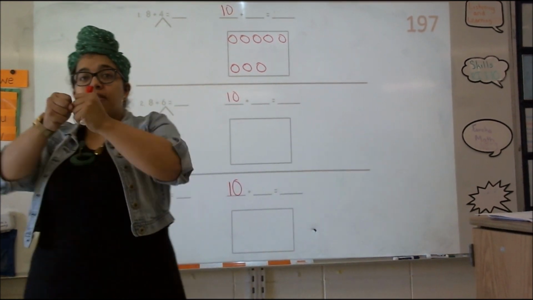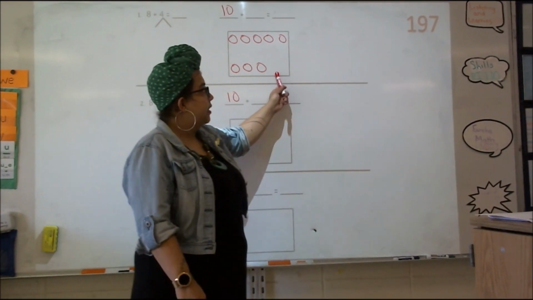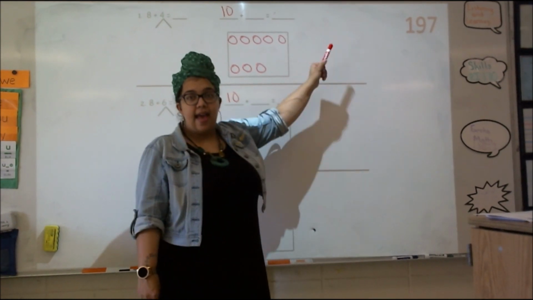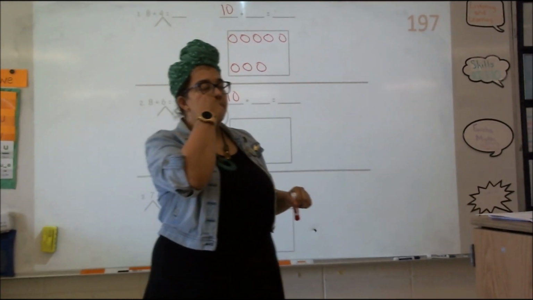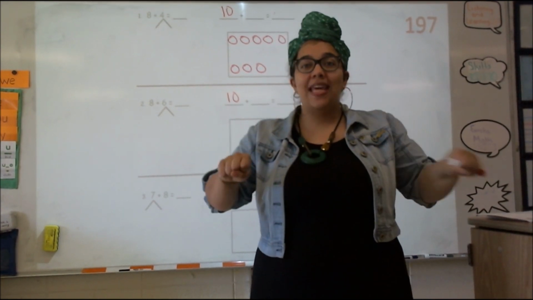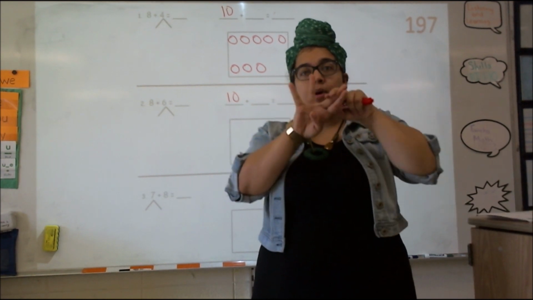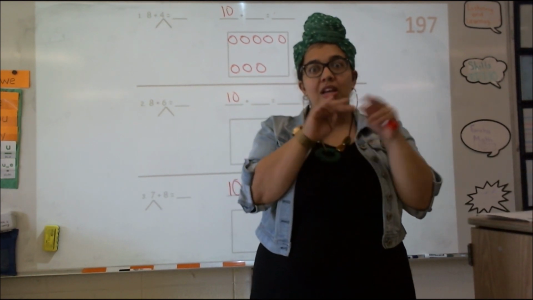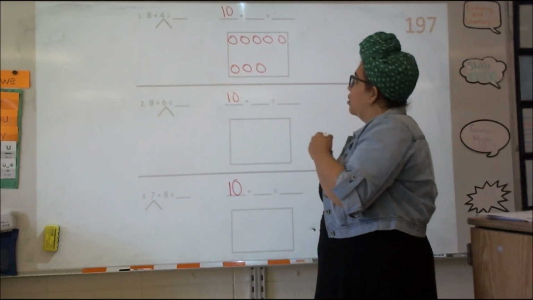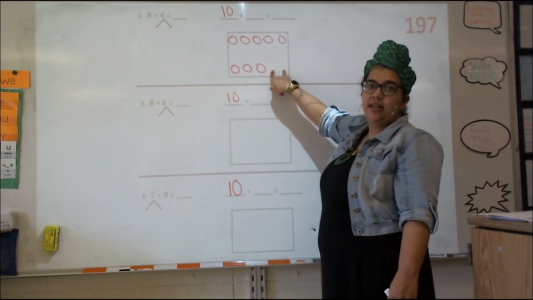Now, let's break 4 into smaller pieces so that way we can complete the 10 frame and then keep counting. If we break the 4, we can't get rid of any of those pieces. We have to count all of them, but we're just moving them around to make our job a little bit easier. How many more does 8 need to make 10?